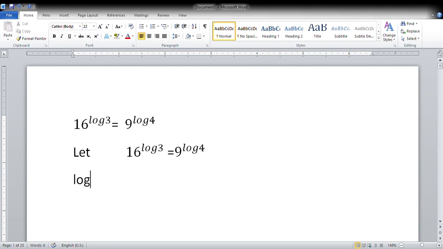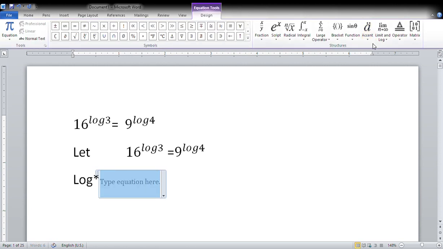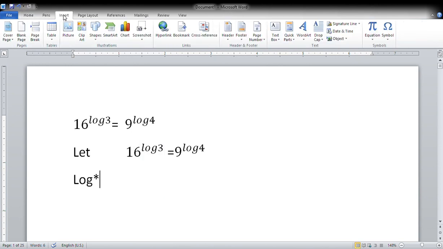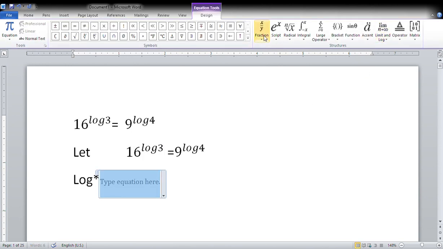So log, sorry, just a minute, we have a mistake there. Take log of 16 to the power log 3 on the left hand side, right?